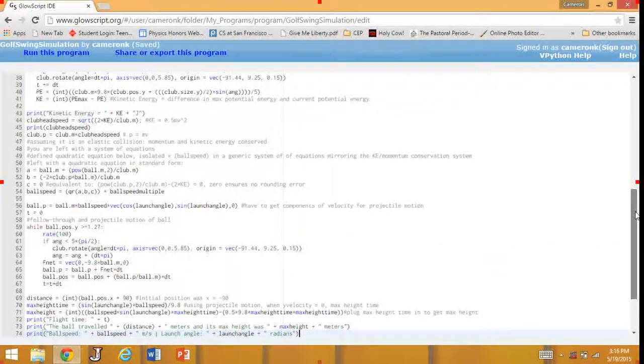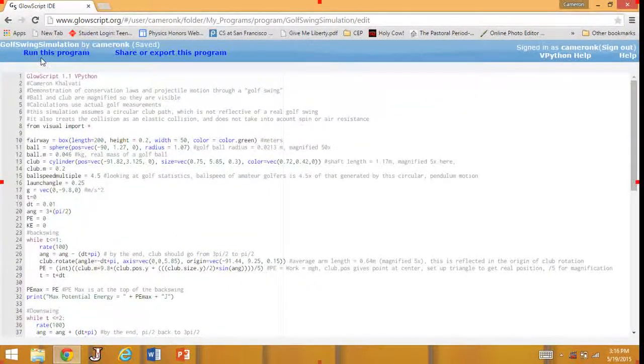So now I'm going to briefly show how the simulation works. So I'm going to run it. I have it set up with a mass of 0.2 right now, and a launch angle of 0.25. So this is going to be a ball flight of a typical amateur golfer driver swing. So let's take a look.